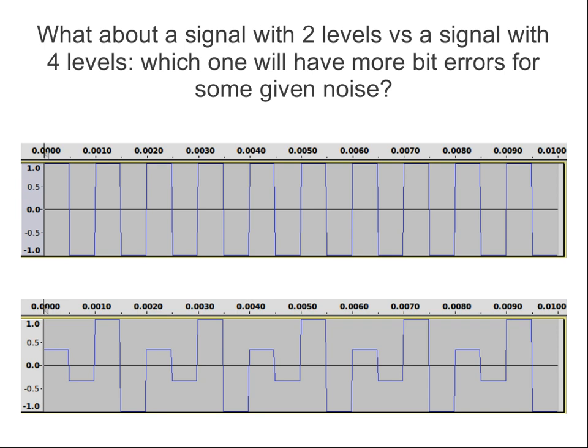Someone just said 2 to the power of 8 levels. 256 levels. Okay. Because with 8 bits per level, we need to be able to represent any sequence of bits. I'm not going to write them all, but you can try the possible combinations.